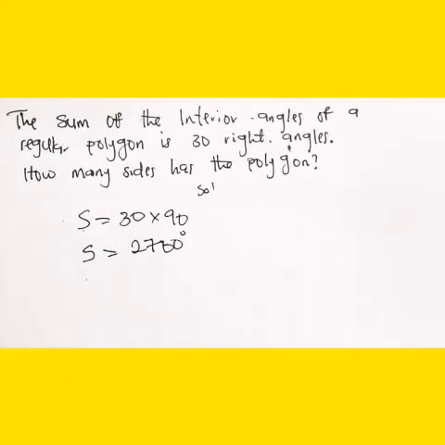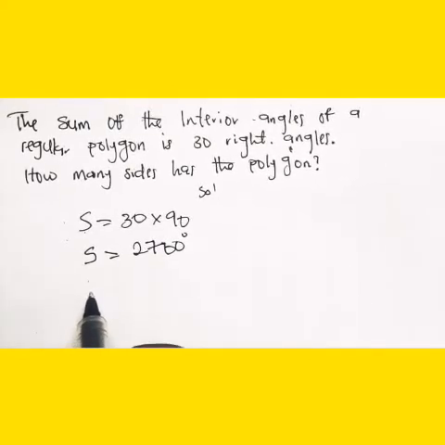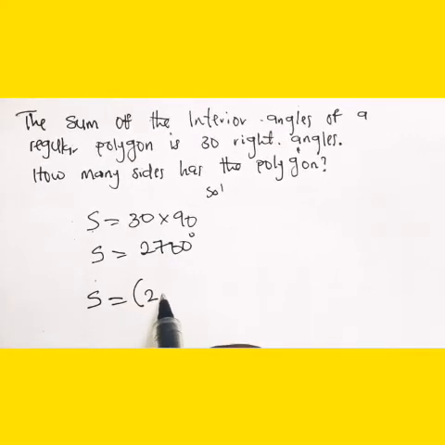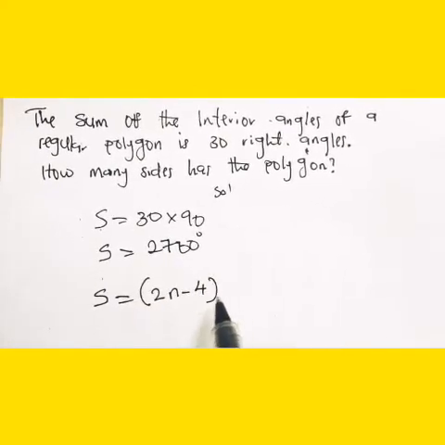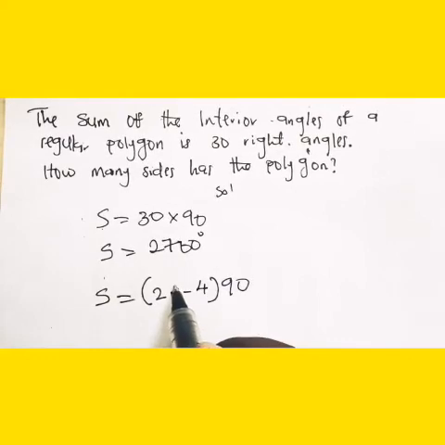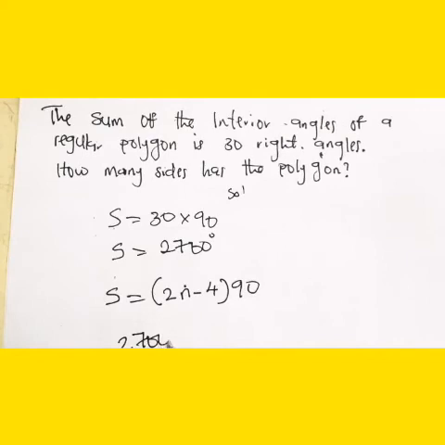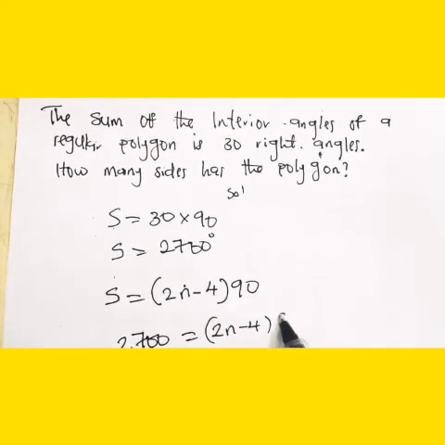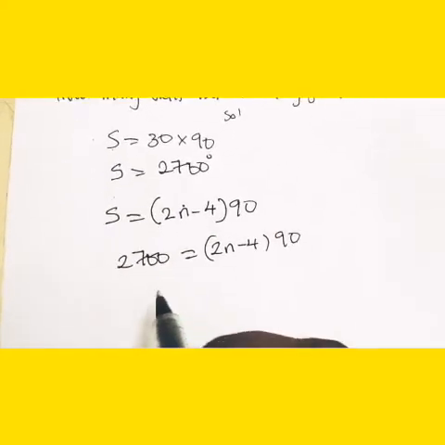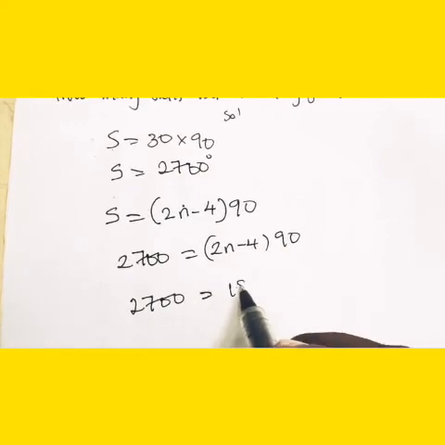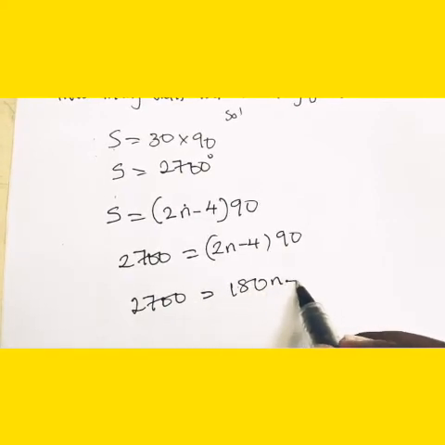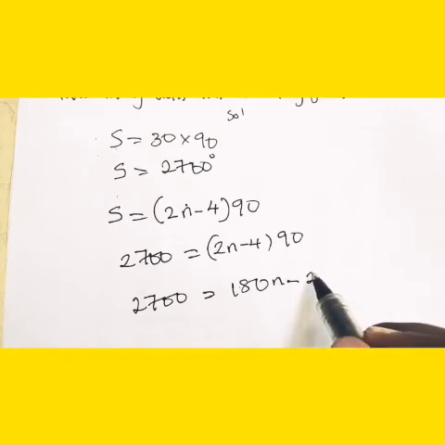Note that this question is asking for the number of sides. So my formula is x equals (2n minus 4) times 90, and n is what I'm interested in. Since x is 2700, 2700 equals (2n minus 4) times 90. Expanding the bracket, 2700 equals 180n minus 360.